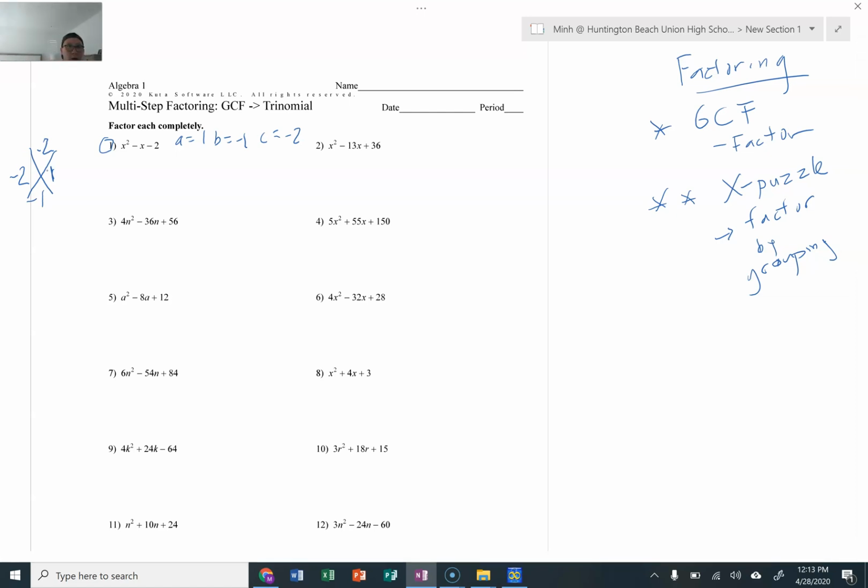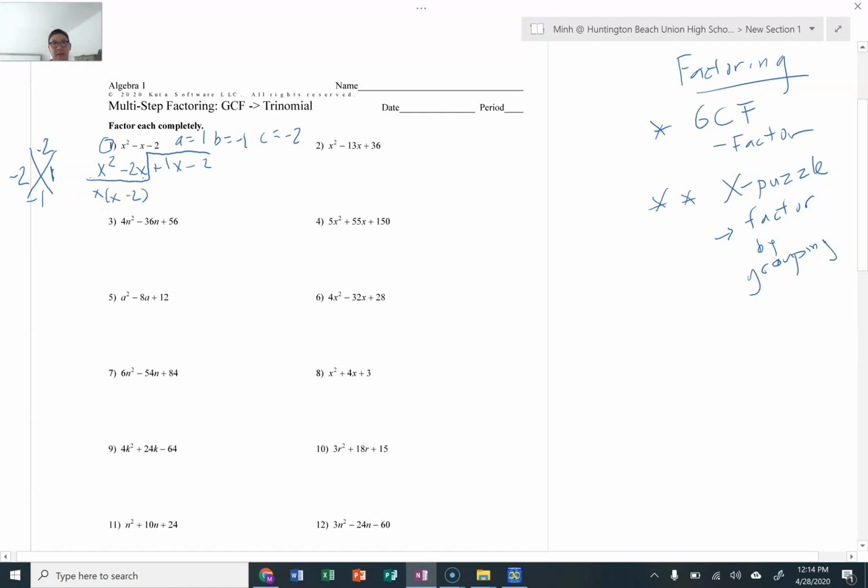So that works. I'm going to write my first term, x squared, then minus 2x plus 1x, because that's plus 1x from the left and right term, then minus 2. Then I'm going to factor it. Using my little fence, I separate the first and second term. The GCF of the first term is x, so I pull out x and I'm left with x minus 2.